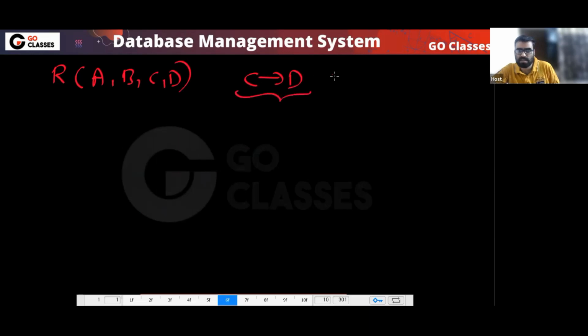If you consider this relation R, in this relation R, A, B, C, D, let us assume we have C implies D as one of the possible FDs.